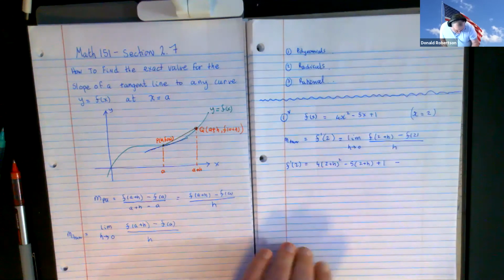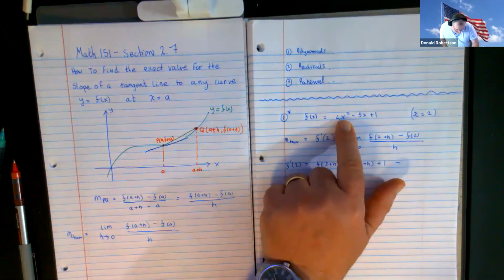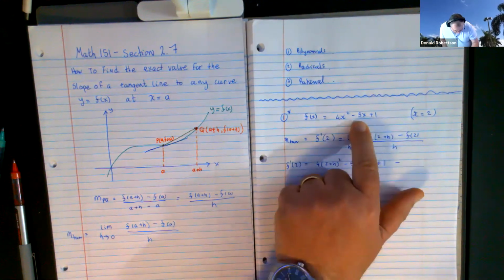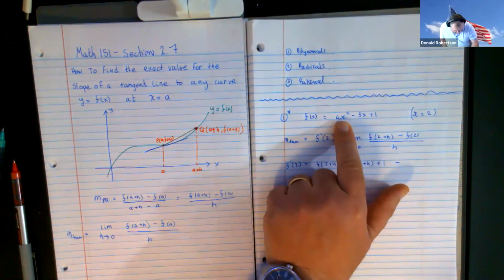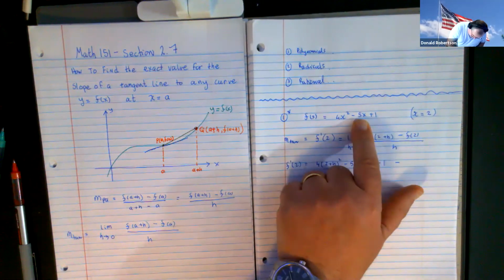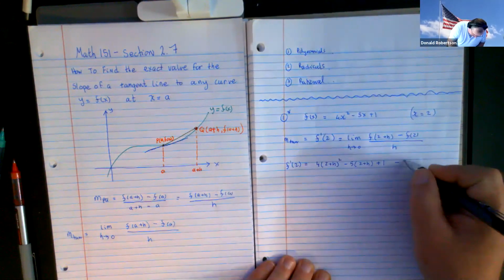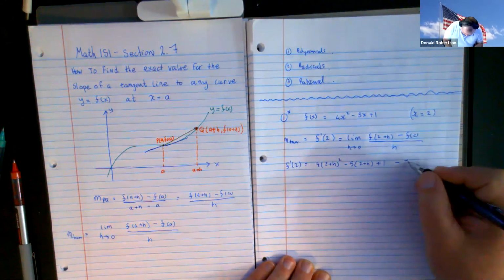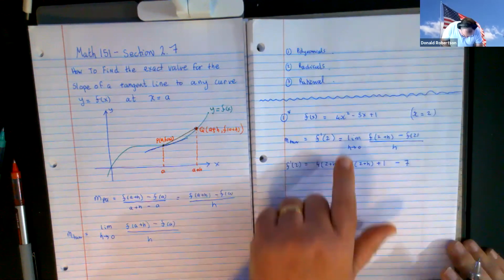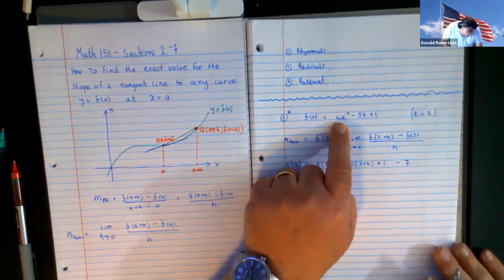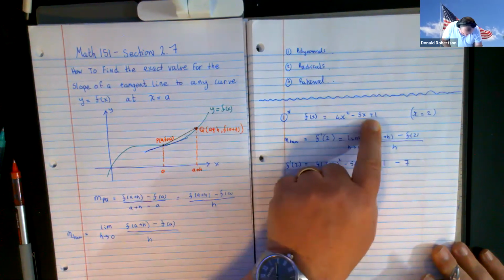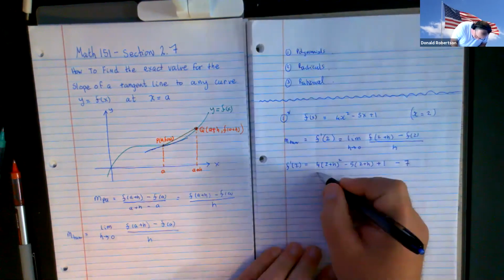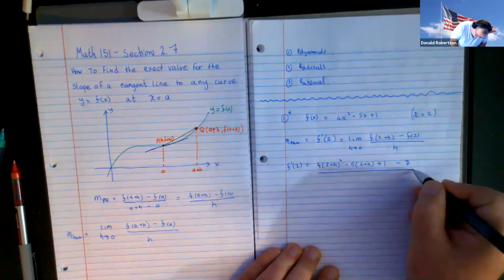If you plug in 2 here, you get 2 2s 4, 4 4s is 16, 17, well, let's check that, 2, 4, 16, 17, take away 10, so you get take away 7. Let me treble check, I just don't want to do this wrong, 16, 17, 10. Okay. Don't know why it looks wrong. Over h.